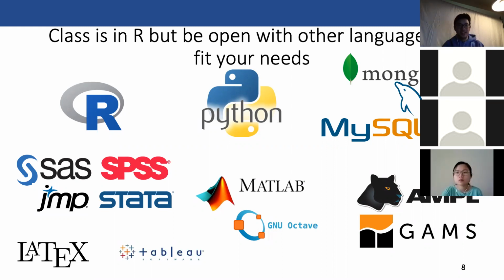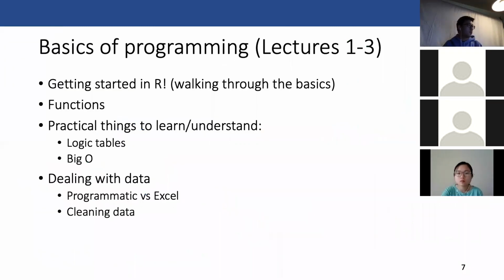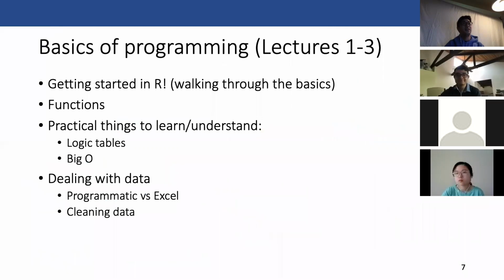Okay, wait, sorry, I see a question. What is big O? Big O notation is a method of thinking about how long certain algorithms and processes take. It's a useful concept to keep in mind.